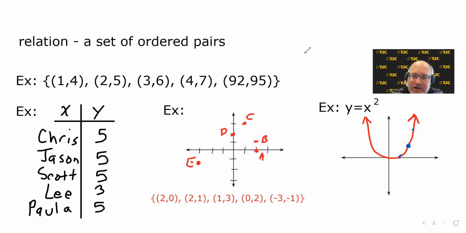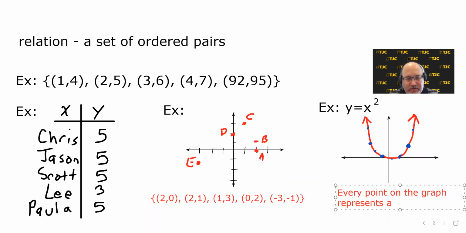In fact, there's an infinite number of ordered pairs on this graph, because technically speaking, a point on a graph takes up no width, and so I can fit infinitely many of them on there. So every point on the graph implies an ordered pair, and I want to write that because that's the reason this is considered a relation. Every point on the graph represents an ordered pair.